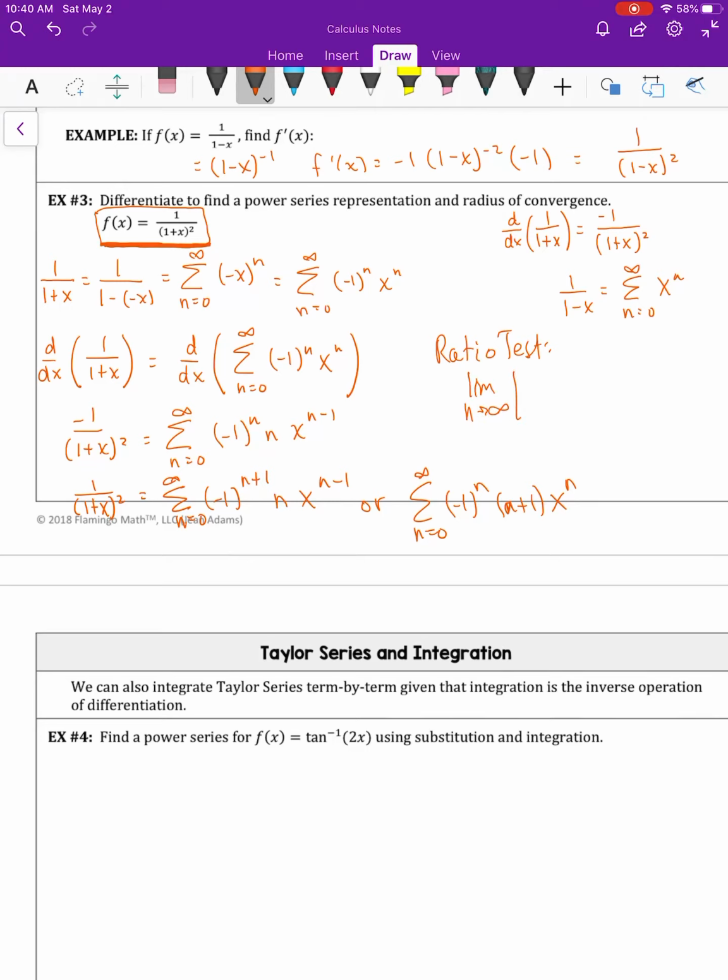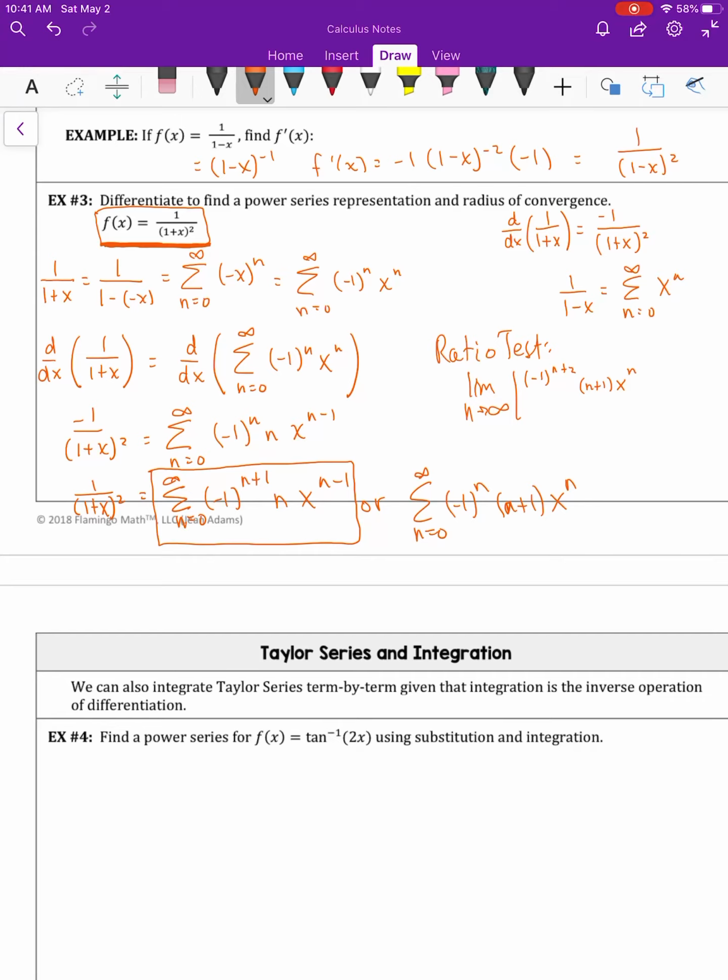Now we have to use our ratio test to find our radius of convergence. So we've got our limit as n goes to infinity of the absolute value, and I'm going to use this first one just in case you don't really see the second one. I'll use the first one just to make it a little bit easier for you.